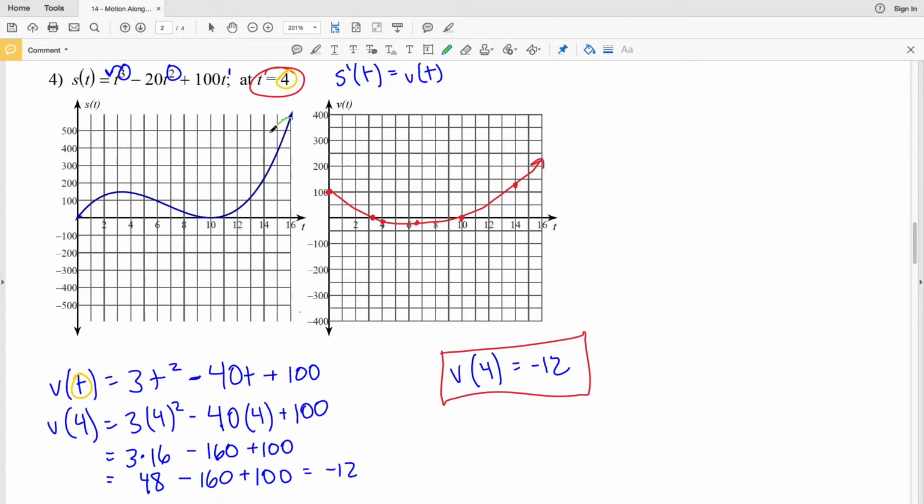And then lastly, our position function is increasing after that minimum and on. So you can see on our velocity function, we are again positive. So keep that in mind and just get familiar with how the velocity function, or the derivative function, relates to the position function, or the original function, because that will be helpful later on.